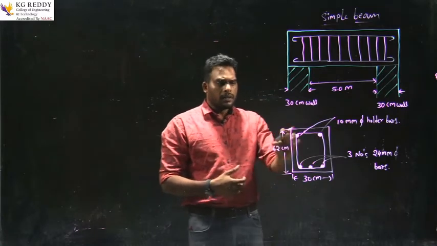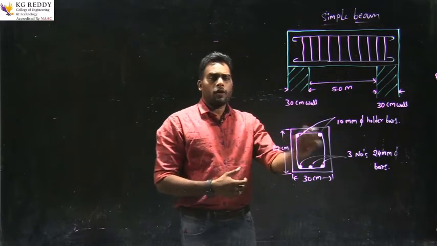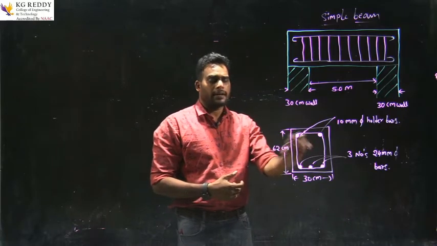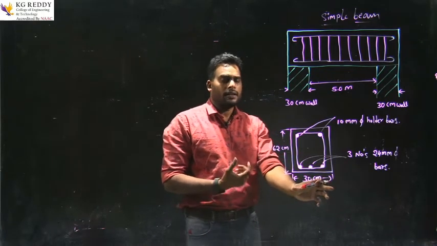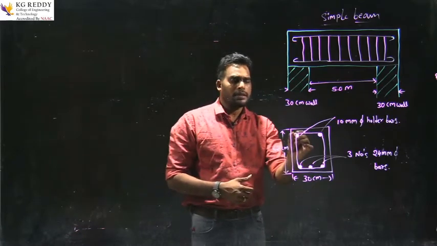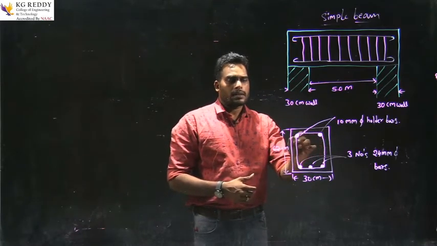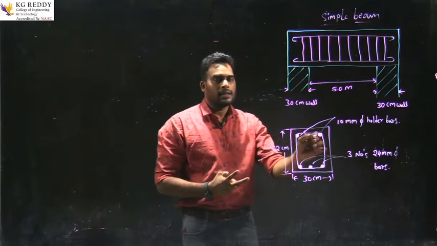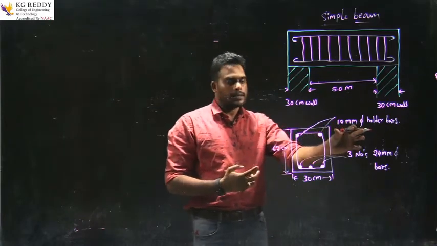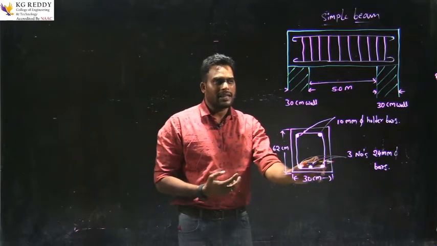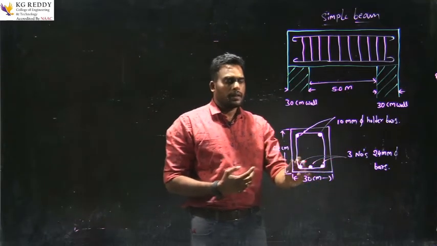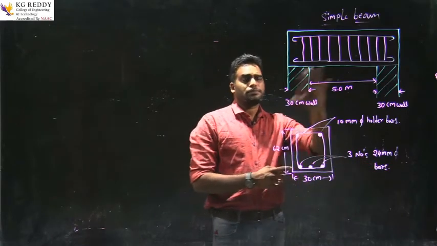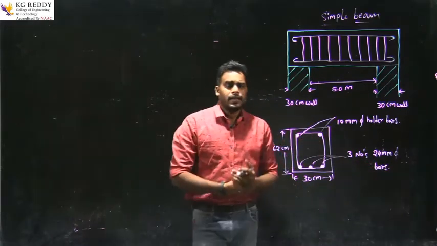The dimension of the beam is 62 centimeters height and 30 centimeters width. Also he mentioned 2 holder bars on the top of the beam, 10 mm dia bars, and below 3 bars of 24 mm diameter. So these are the details in the simple beam.